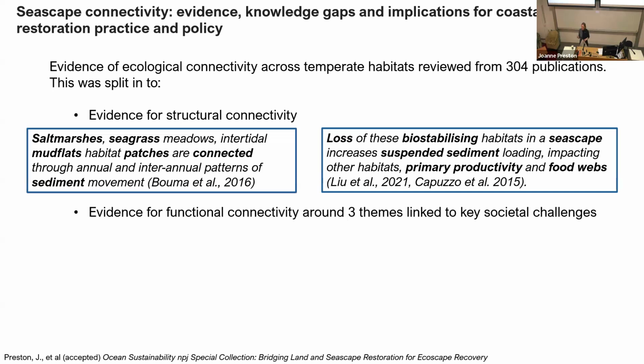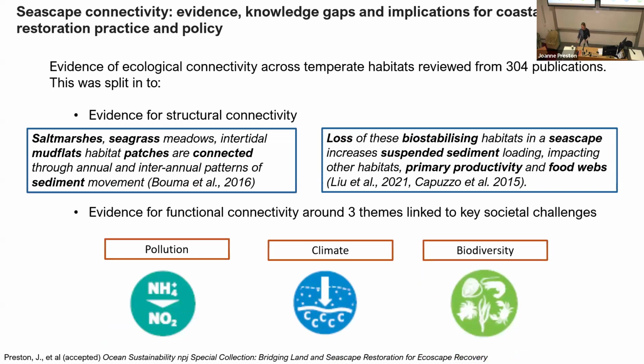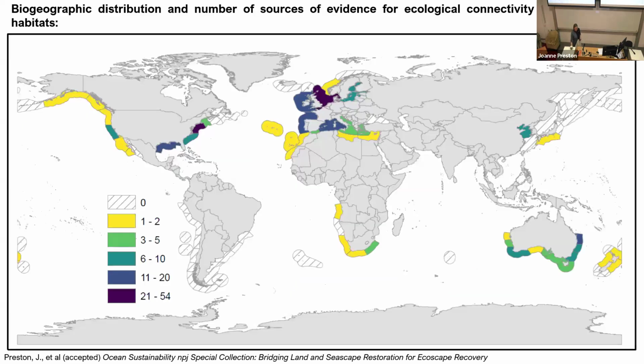And then when we dug into the functional connectivity, we looked at around the 3 broad themes of climate, pollution, and biodiversity to mirror the triple planetary crisis. I will say that our data set is really biased or skewed. This is a map showing the biogeographic distribution and number of sources of evidence for ecological connectivity.